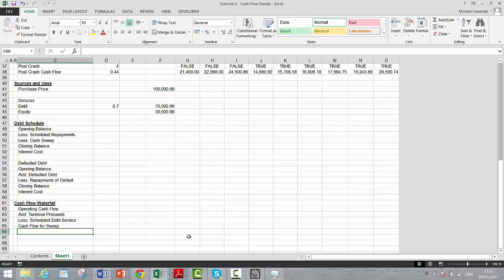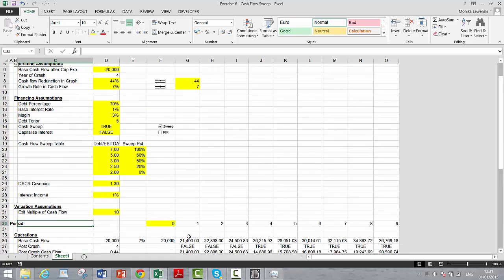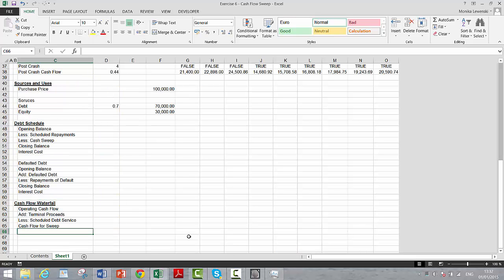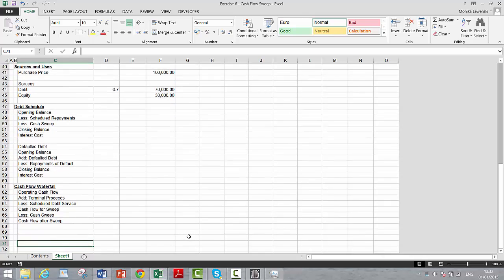And then here's what could happen after we get the cash flow for the sweep. If it's positive, we're going to sweep it. If it's negative, okay, why don't we put less cash sweep, and then we can put cash flow after sweep, and we just have a whole lot of subtotals.